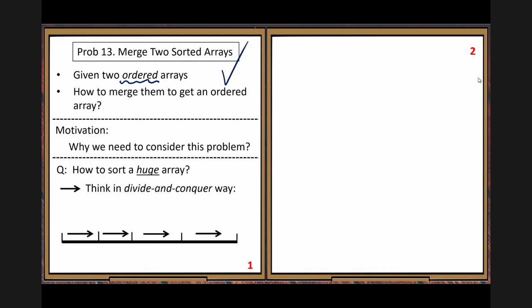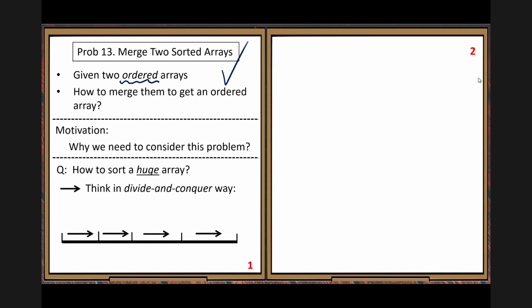Under the condition that you cannot load all of your data into the main memory, when you do the merge, you cannot load all the data.